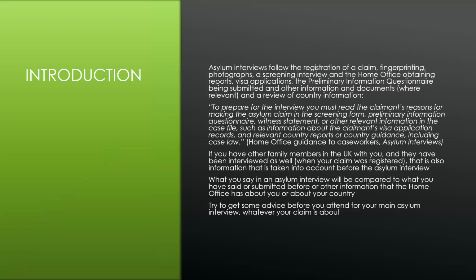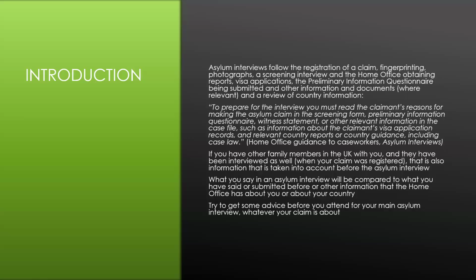It follows fingerprinting, photographs, screening interview, and the Home Office also obtaining reports, possibly visa applications if you made an application before you came, the preliminary information questionnaire if one was submitted, and any other information and documents, including a review of what they know about or think they know about your country.